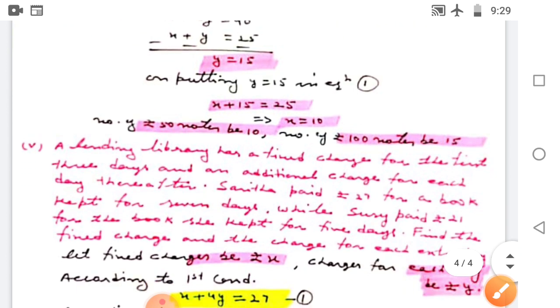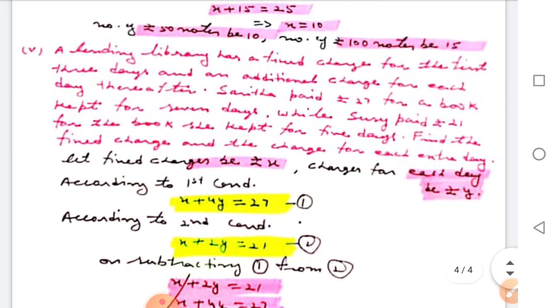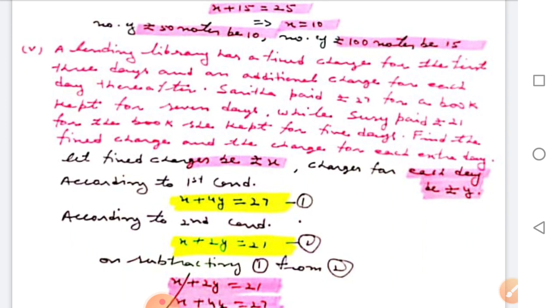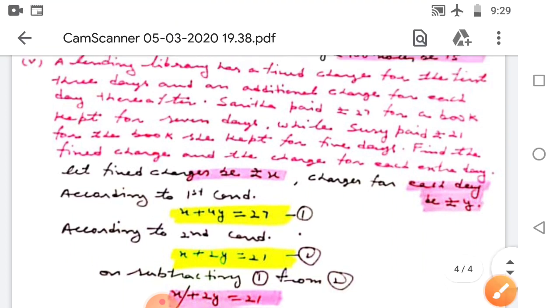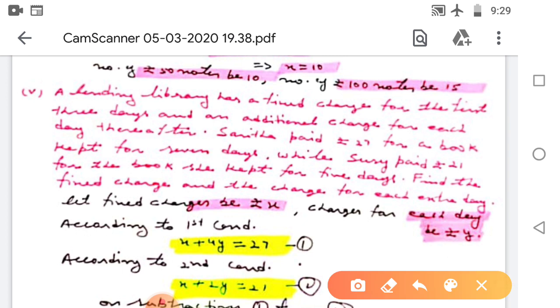Now come to the fifth part of question number 2. A lending library has a fixed charge for the first 3 days and an additional charge for each day thereafter.